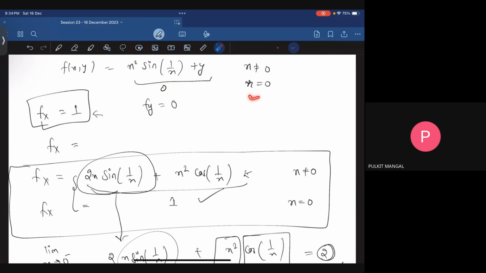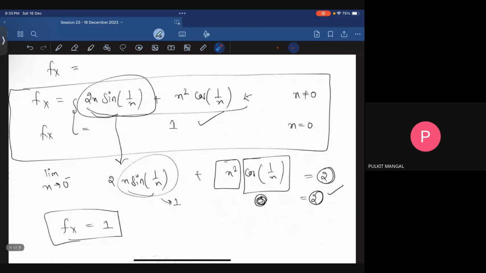But as we need to find whether the partial derivatives are continuous or not, we also need to check what the partial derivative is around that point, that is when they are not at the origin. So when they are not at the origin, that means x is not equal to 0. When x was 0, we already found it. When x was not equal to 0, we found this.